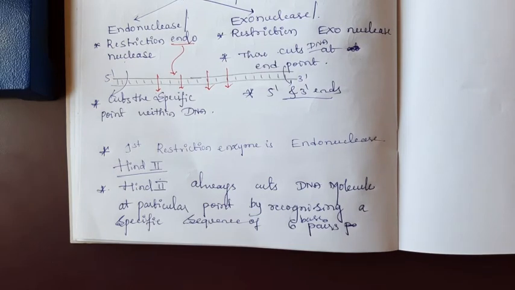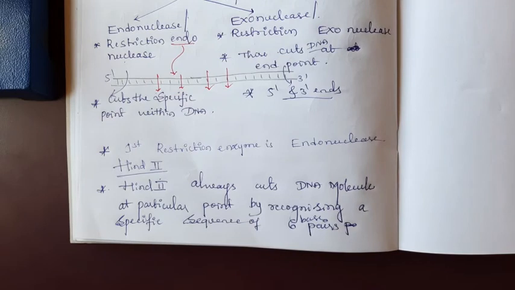If one strand of DNA is in the 5' to 3' direction, the other anti-parallel strand must be 3' to 5'. So exonuclease enzymes cut the DNA at the 5' or 3' ends of the DNA.